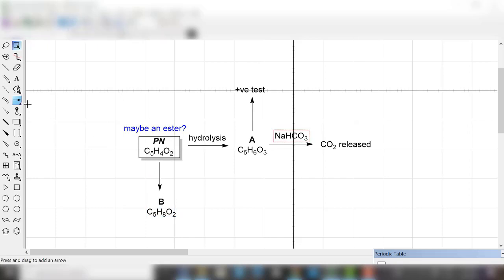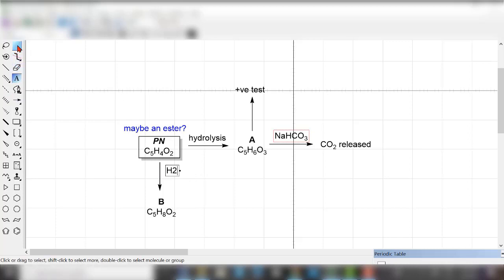So what does an increase in 4 H's tell you? This is catalytic hydrogenation. Increase in 4 H. This is definitely a very big clue that you cannot miss.